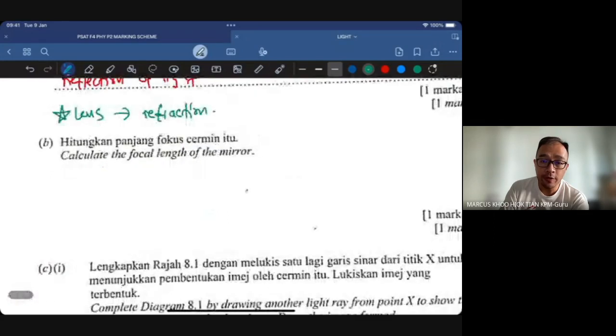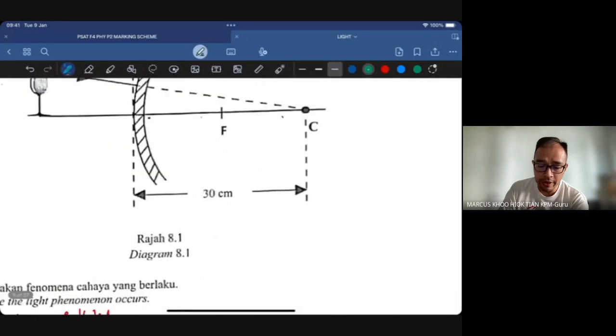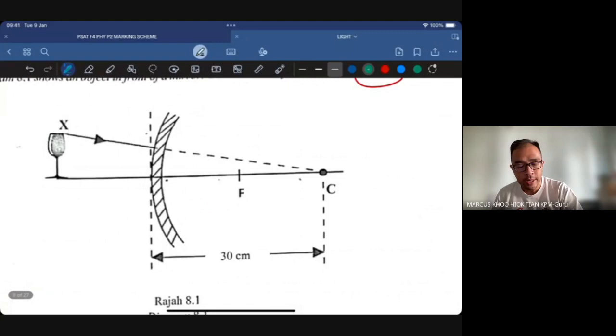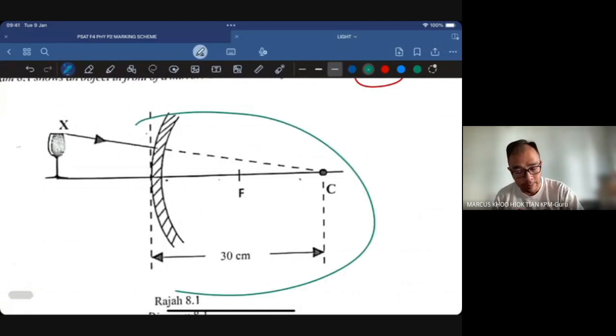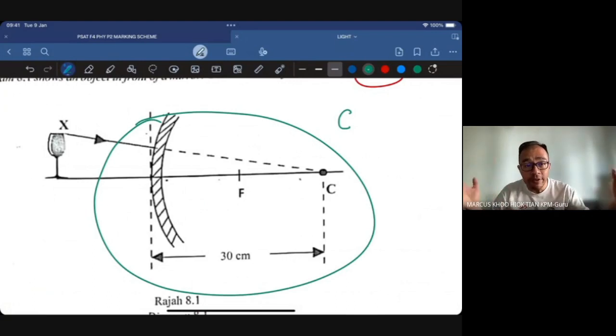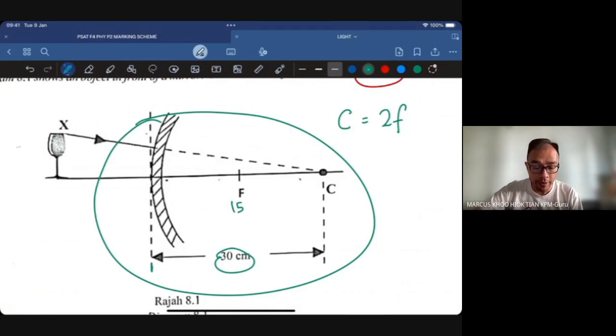Calculate the focal length for the mirror. This is a very important thing to understand now. There is a relationship over here, where the length of C is always 2 times the focal length. So if from the center of the mirror to C is 30 cm, then you know that F is 15 cm, because it's 2 times the focal length.